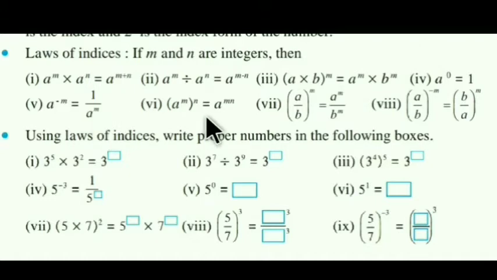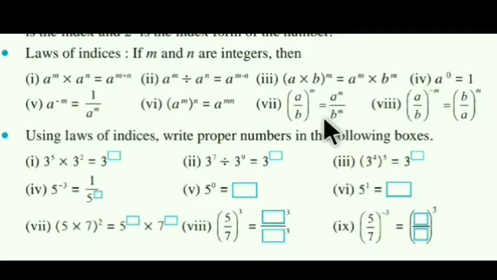Then the sixth law: in bracket a raised to m, bracket complete, raised to n. Here the bracket also has an index, hence it is a raised to m into n. When this condition is there, you multiply both indices.